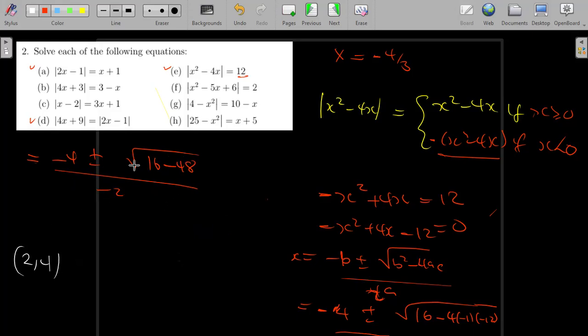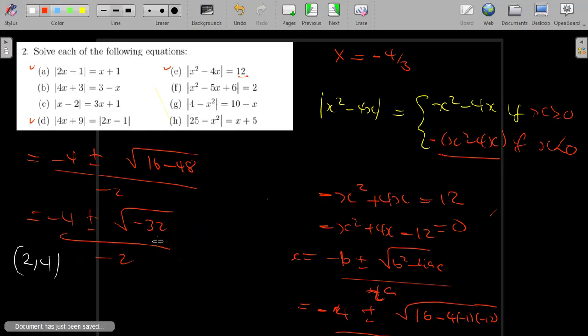So what you get inside here gives you a negative value, so the root of that will be the root of negative 32. Because of that, the negative here fails it all, because this is going to give you an imaginary number, and we are interested in the real number system here. So we discard this one, and conclude that we are going to get imaginary values.